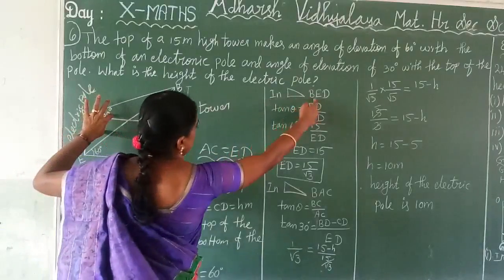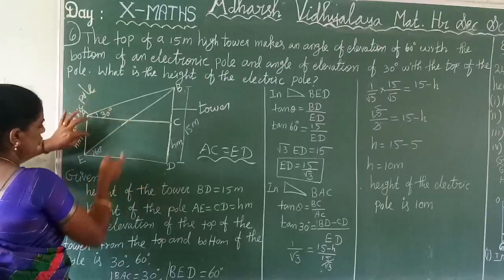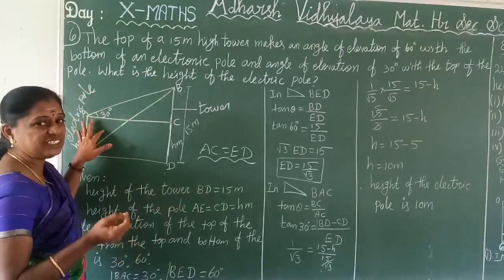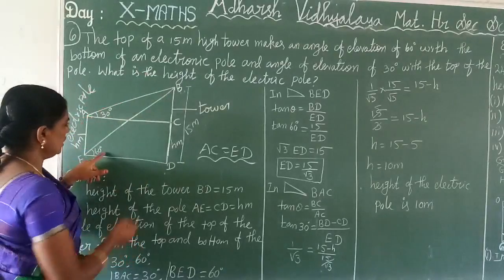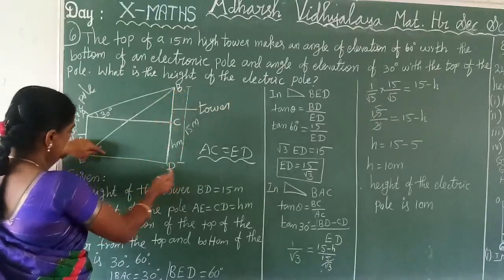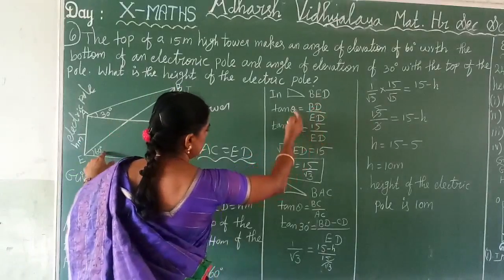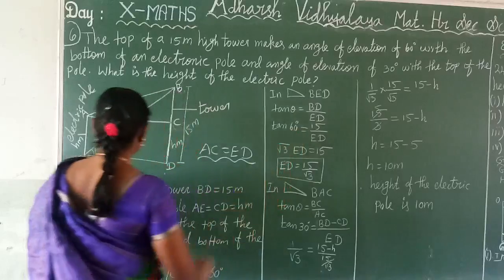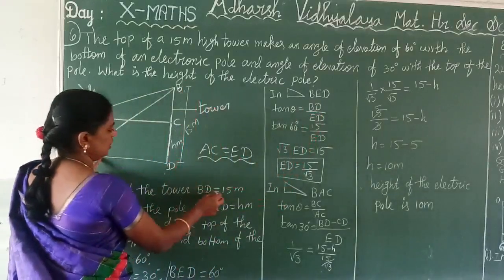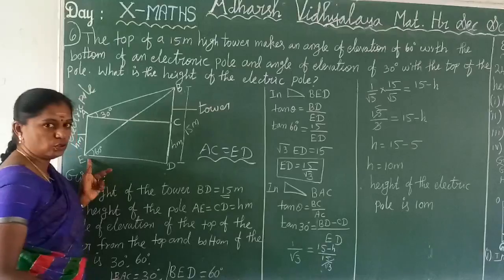In triangle BED, this one we know, these two values are equal, so hypotenuse we do not need. So we select tan theta. Tan theta is equal to opposite by adjacent, opposite BD by ED. Tan theta equals BD by ED. Theta is 60 degrees. Tan 60 is equal to BD, which is 15, by ED, which we don't know.